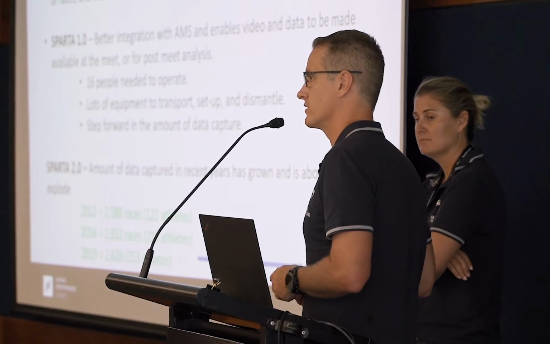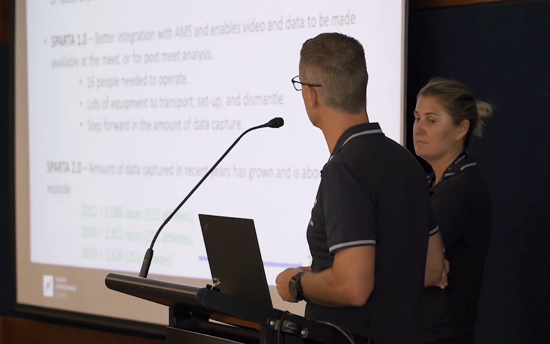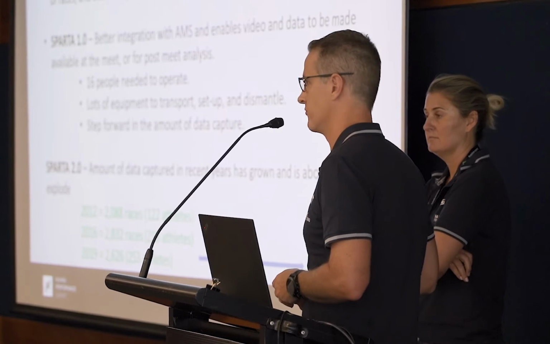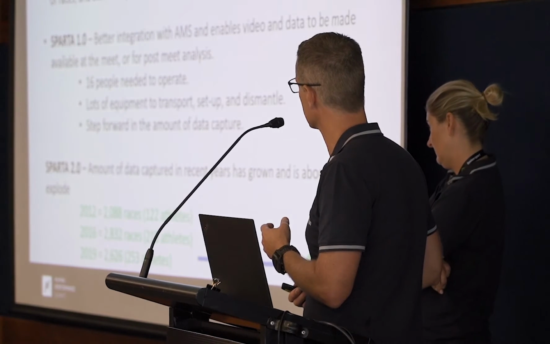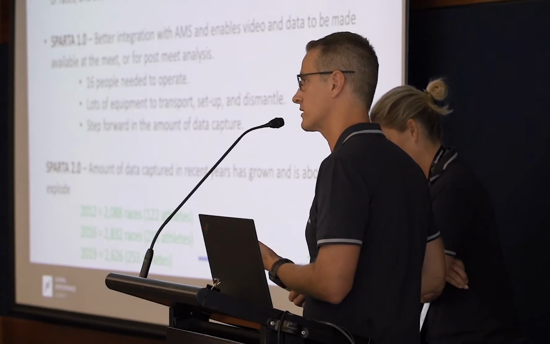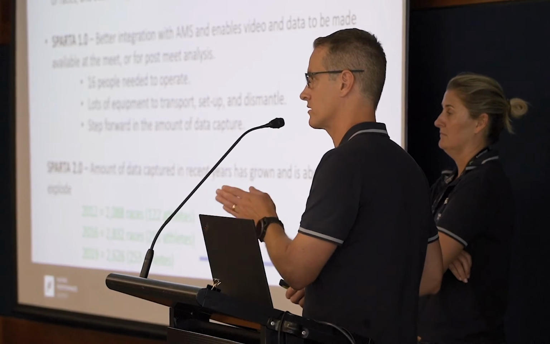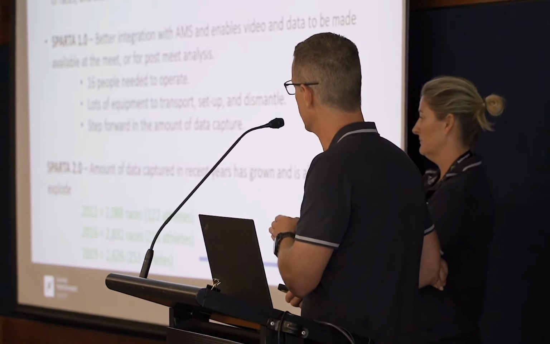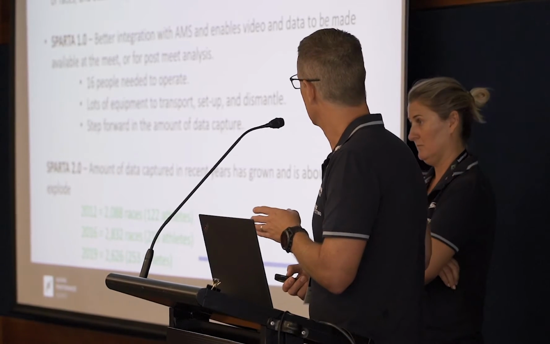Then we, in conjunction with the AIS, developed SPARTA in its first iteration. Again, it brought together the video and the data. This time we captured a lot more metrics, there were a lot more points of the race that we could capture to later analyse. But the problem with it, it takes about 16 people to operate.